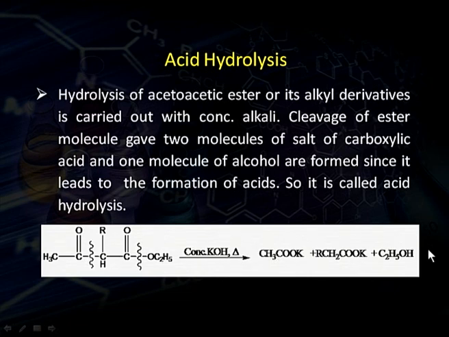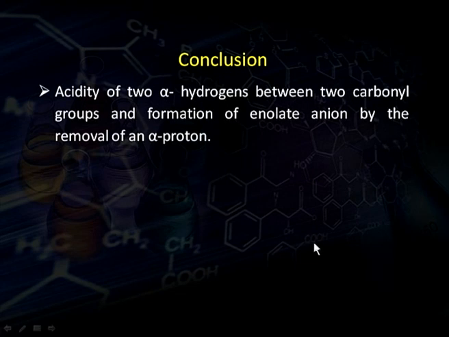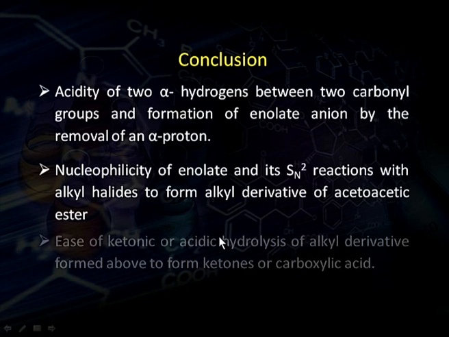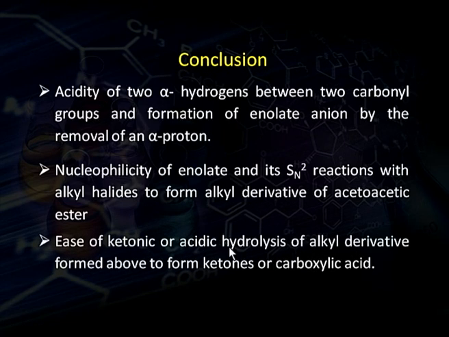ethanol is produced. So, we can conclude the acidity of the 2 alpha hydrogens between 2 carbonyl groups and the formation of enolate anion by the removal of an alpha proton; the nucleophilicity of enolate and its SN2 reactions with alkyl halide to form alkyl derivatives of acetoacetic ester; and the ease of ketonic or acidic hydrolysis of the alkyl derivative formed above to form ketones or carboxylic acids.